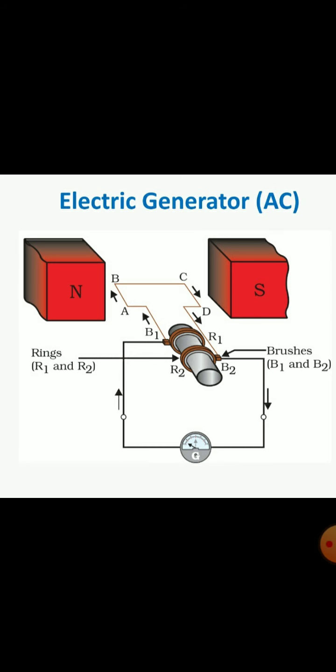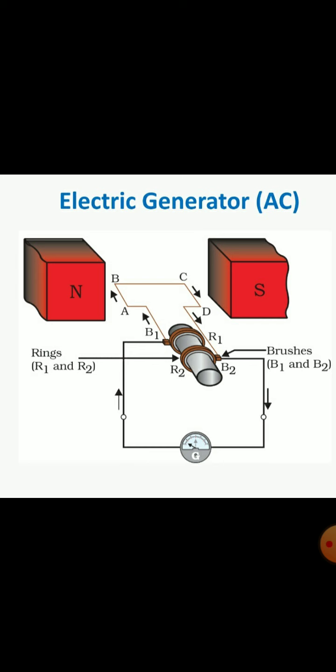Let us once again revise. We have a rectangular coil ABCD which is rotating. We also have two poles of a permanent magnet. We have two rings R1 and R2, and the inner side of these rings are insulated. Then we have stationary brushes B1 and B2 which are conducting.